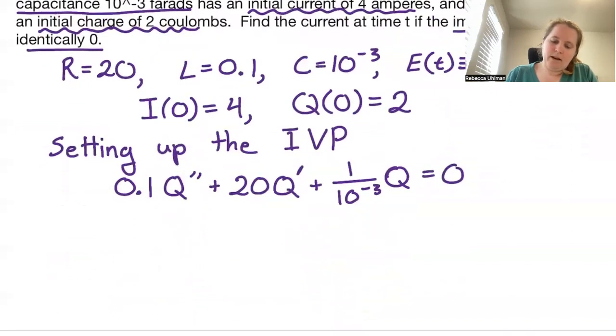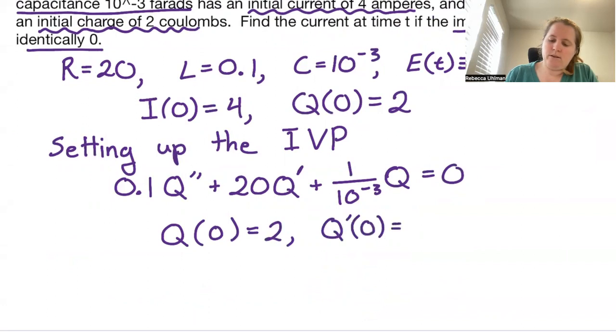Then we have I of 0 is 4. We actually don't want I's, we want Q's, so we have Q of 0 is 2, and Q prime of 0 is our initial current, which is 4. So we have our IVP.